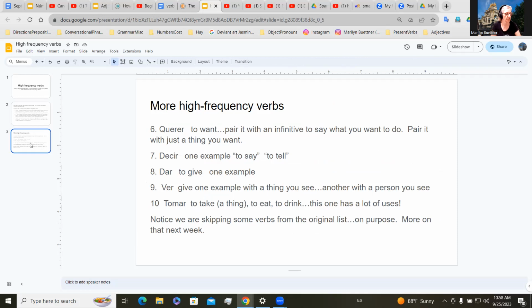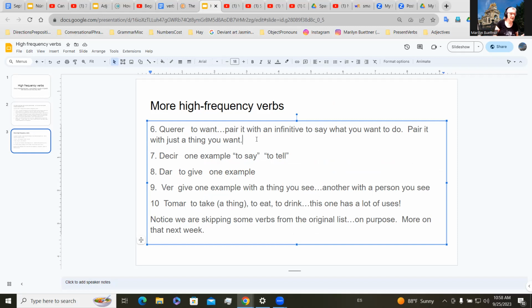Unos ejemplos más. I want to try to finish as many of these high frequency verbs examples as possible. Querer, to want, again, we pair it up with something if you want to do an activity. But you might say you want a thing, or you might say you want to do something, lo que sea, whatever it may be. Un ejemplo.